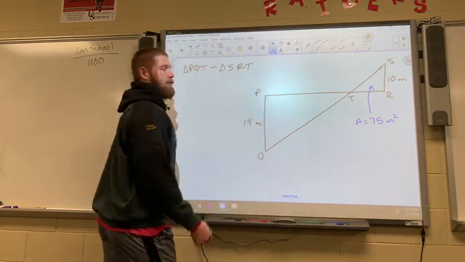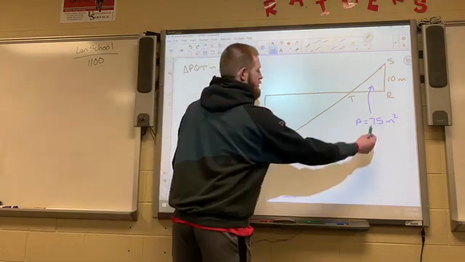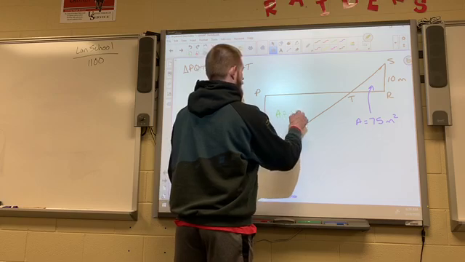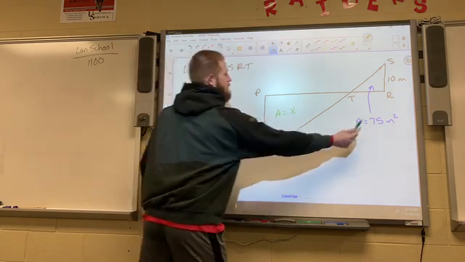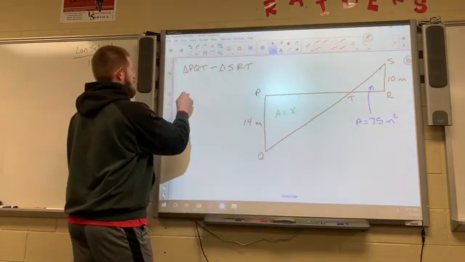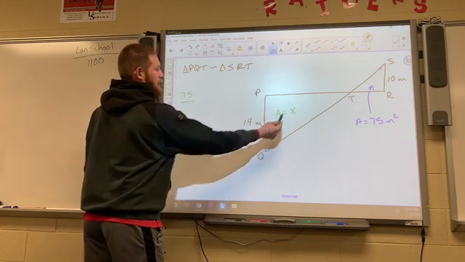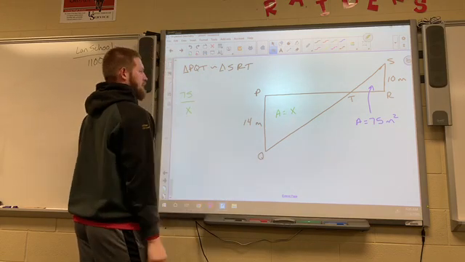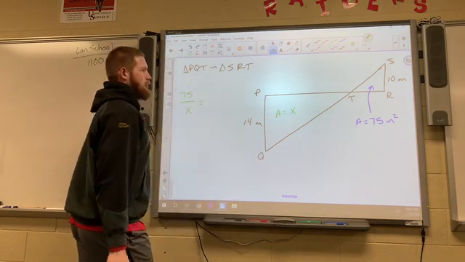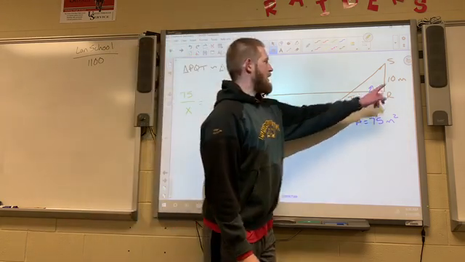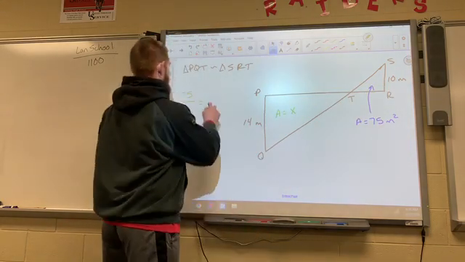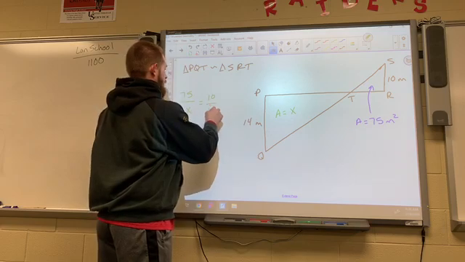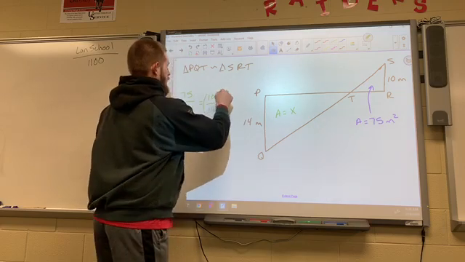I know that the ratio of my areas, 75 for my small triangle over x for my large triangle, is equal to the ratio of my sides, 10 over 14, squared.